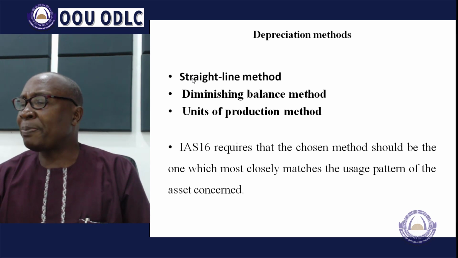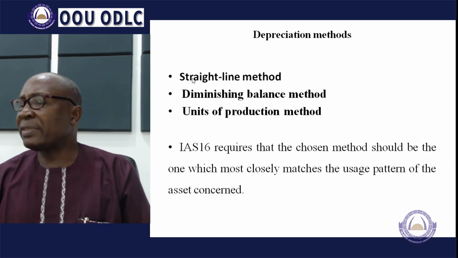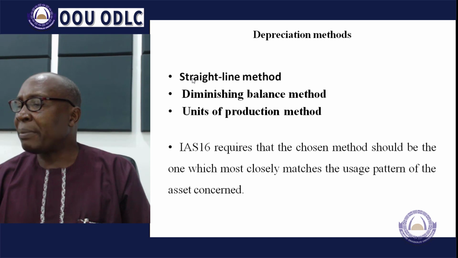For items of property, plant and equipment stated at a revalued amount, in addition to the disclosures required by IFRS 13 on fair value measurement, we are going to disclose the date of that revaluation, whether or not an independent valuer was involved, and for each revalued class of property, plant and equipment, the carrying amount that would have been recognized if the cost model had been used.